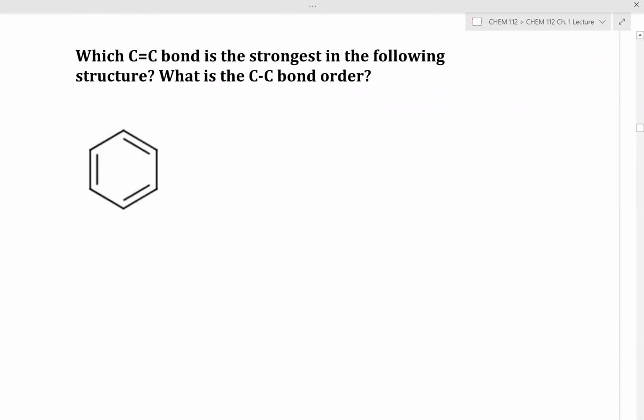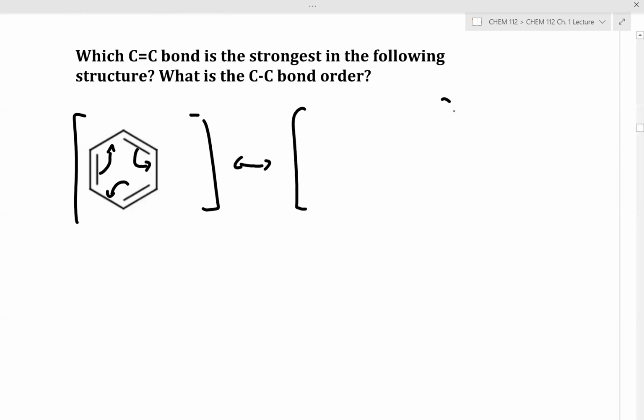First and foremost, I'm going to look at my structure, and can I draw some resonance structures for this? Yeah, so I can rotate and move over my double bonds in a clockwise manner to generate a new, equally valid resonance structure. Okay, perfect. So we have that established.